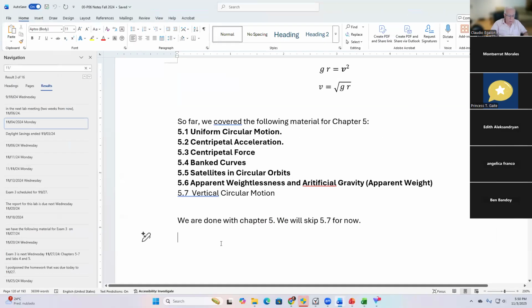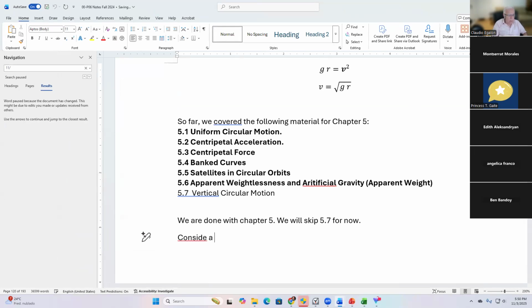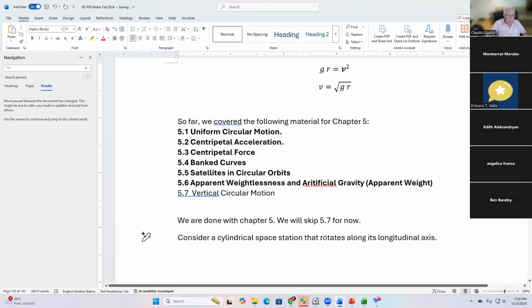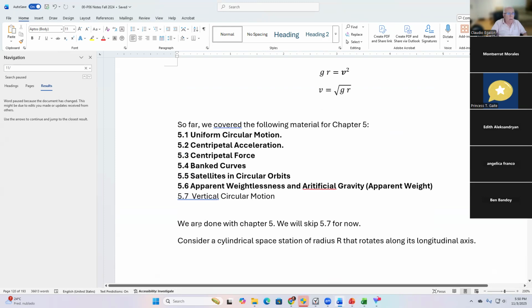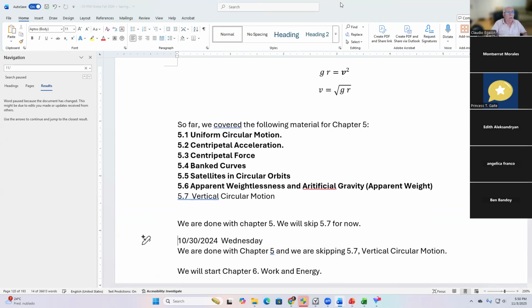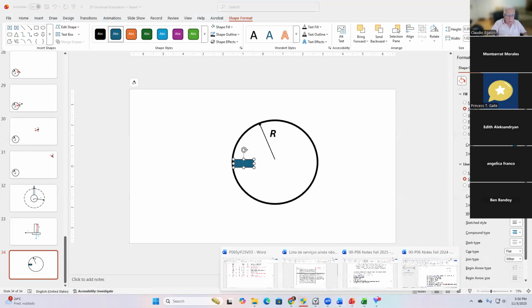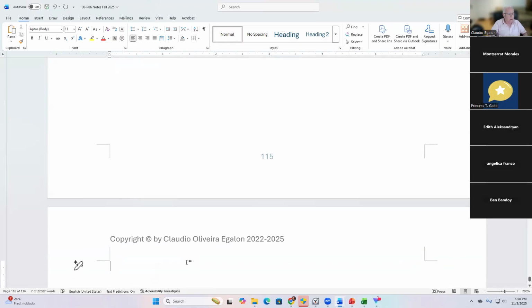So consider a cylindrical space station that rotates along its longitudinal axis. A cylindrical space station of radius r.